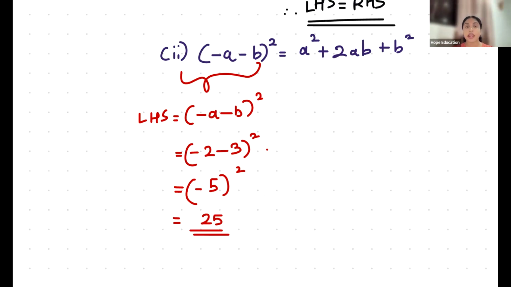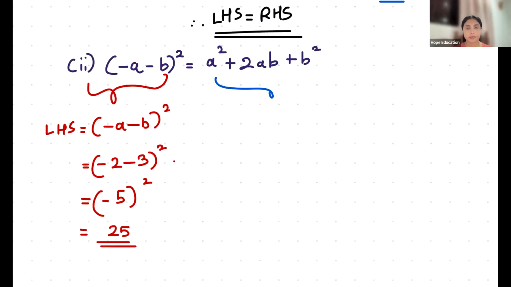Then let's look at the right hand side. A squared plus 2ab plus b squared. Now A is 2, no?